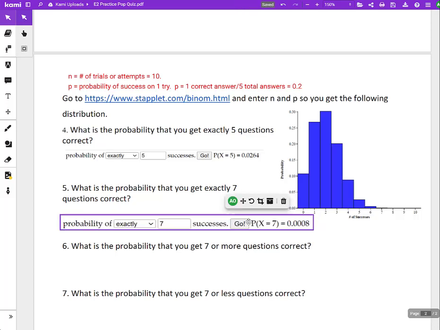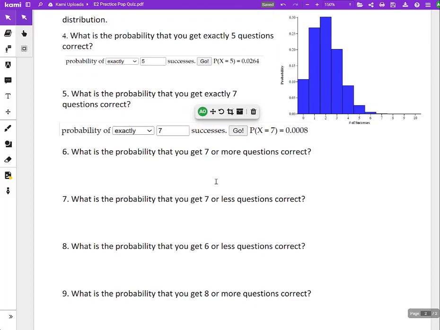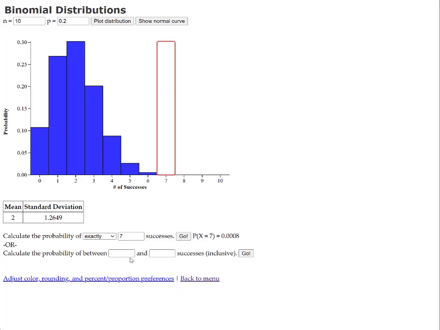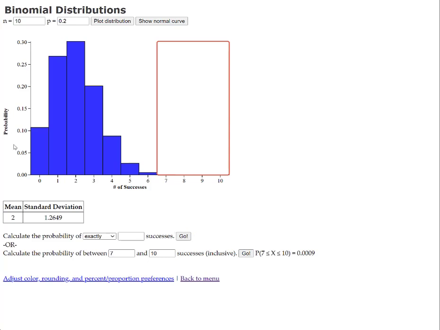Now, what is the probability you get 7 or more correct? There are a couple things you can do. You can actually highlight multiple bars up here, but you're going to see on the practice we do later that might be hard if the bars are really skinny because n is really big. So you can see here, it's telling me the probability that's 7 in 10. When I highlight a bunch of bars here, it sets your values here.